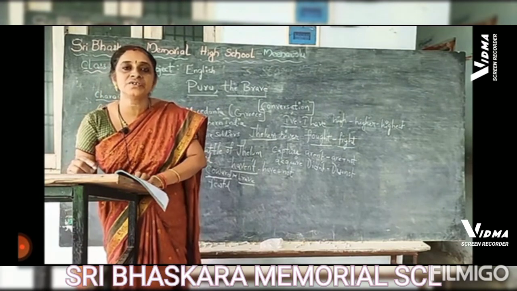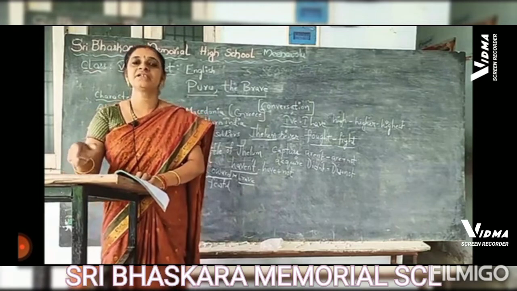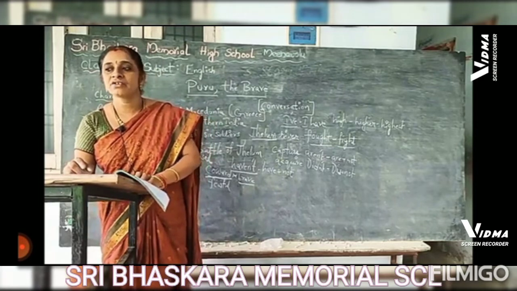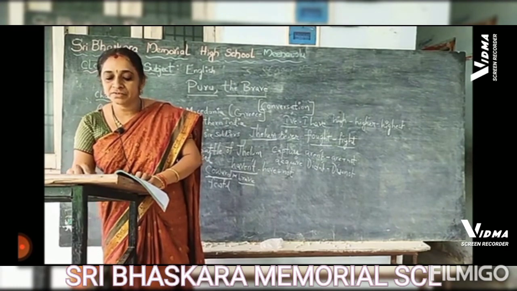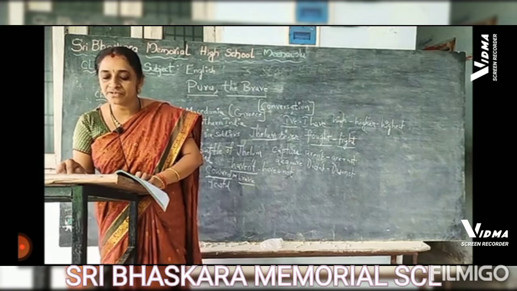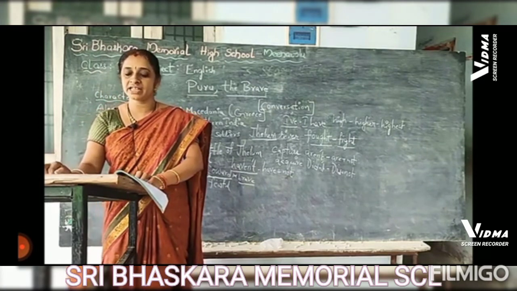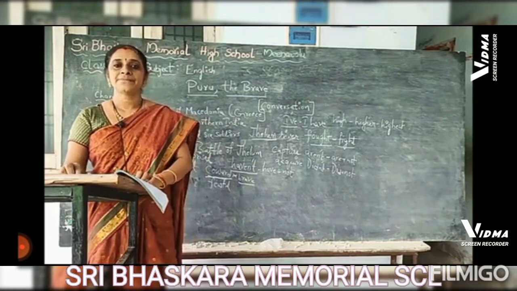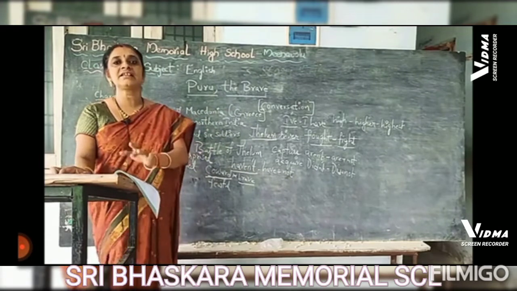Alexander: I am proud of your friendship, my brother. What did Alexander tell Puru? I am proud of you. I am treating you as my friend, and not only a friend but also a brother. Puru: I will do my best to be worthy of the friendship of Alexander the Great. Puru the brave, Alexander the Great.